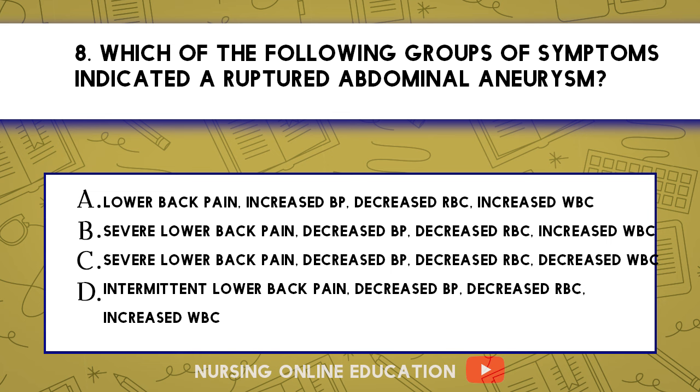D. Intermittent lower back pain, decreased BP, decreased RBC, increased WBC. The answer is severe lower back pain, decreased BP, decreased RBC, increased WBC.